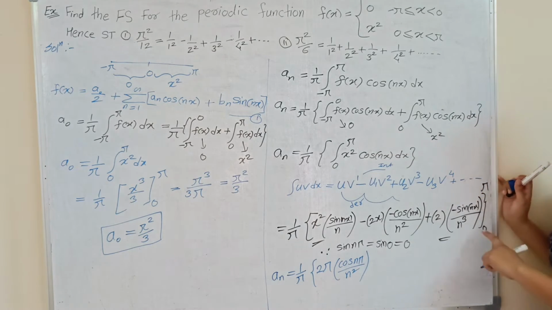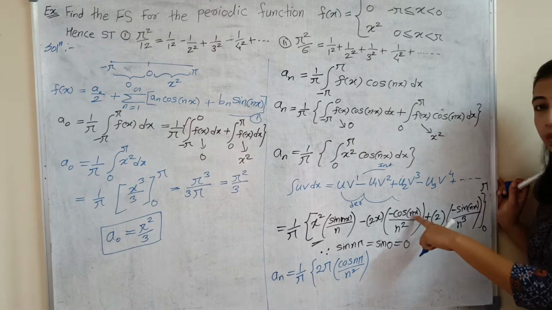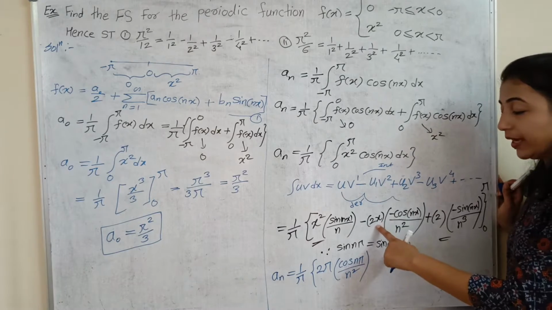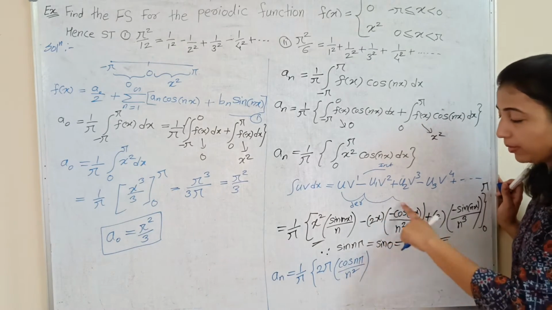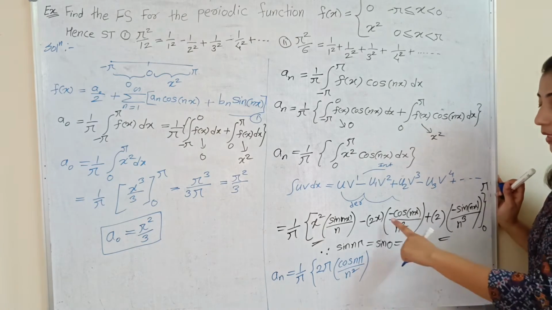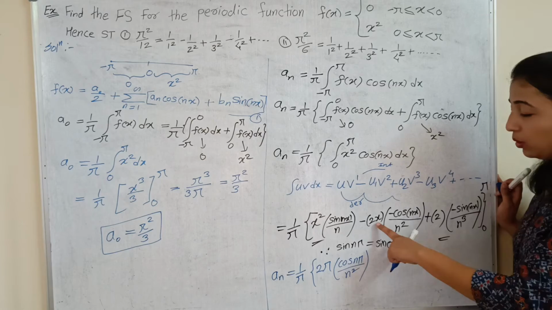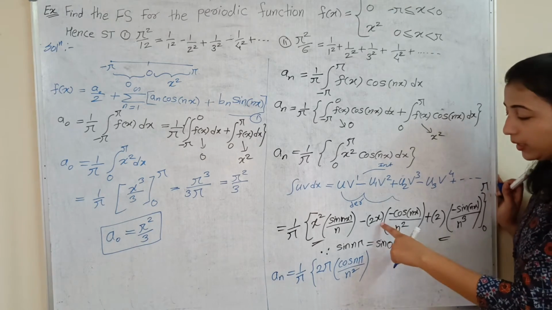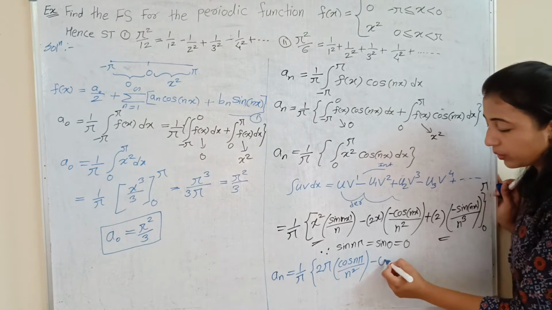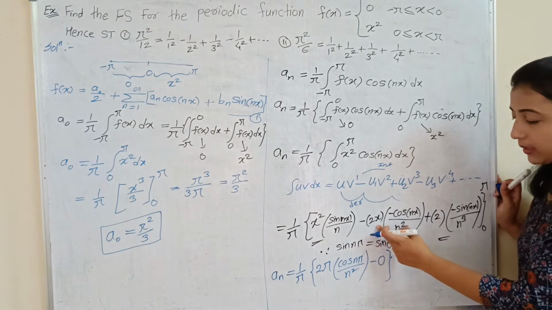Minus the lower limit, so here put x equals 0, cos of 0 is 1, but here also you have to put x equals 0 because this is a complete middle term. When we put x equals 0 in this term, it becomes 0, because 0 multiplied by any term is 0. So for the lower limit, this middle term is also 0. Why is it 0 here? Because of the multiplication by x.